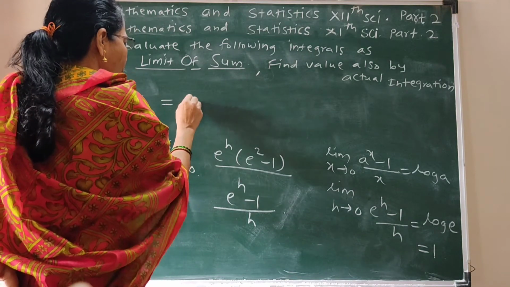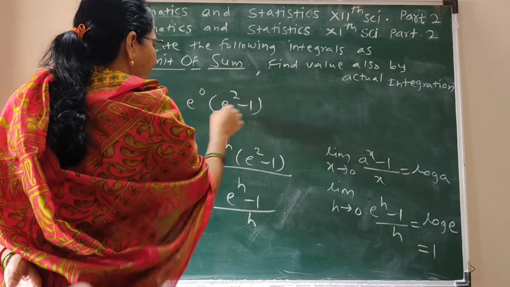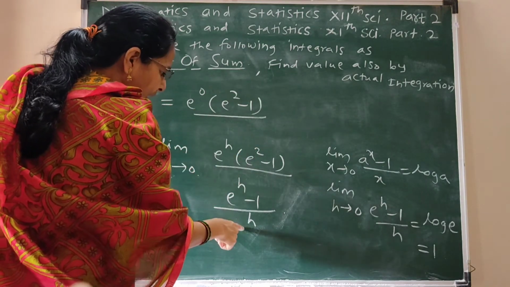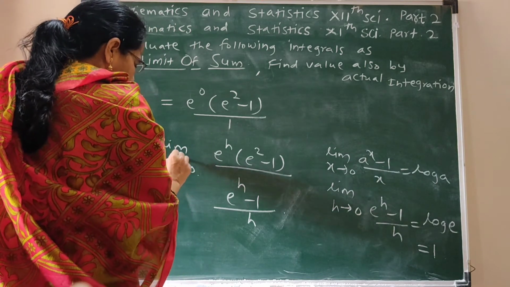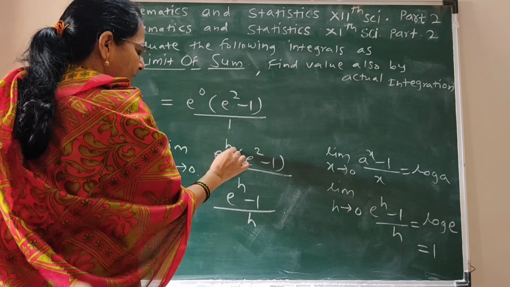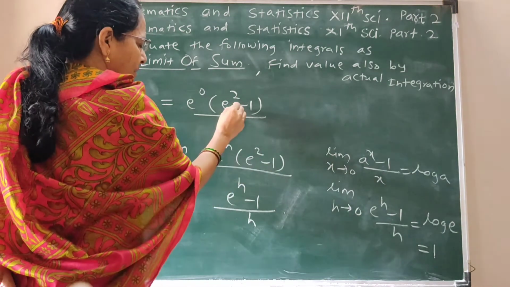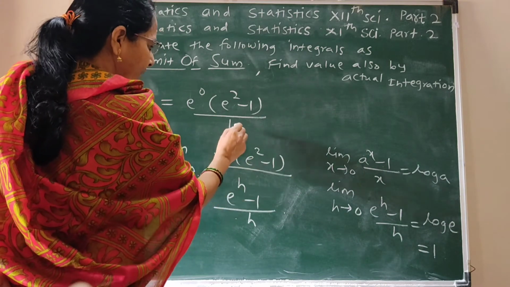So e^0, times (e^2 - 1), and for this limit term, the value is 1.